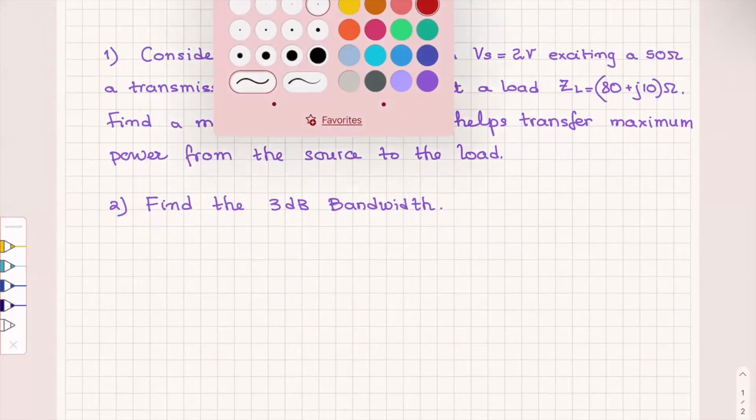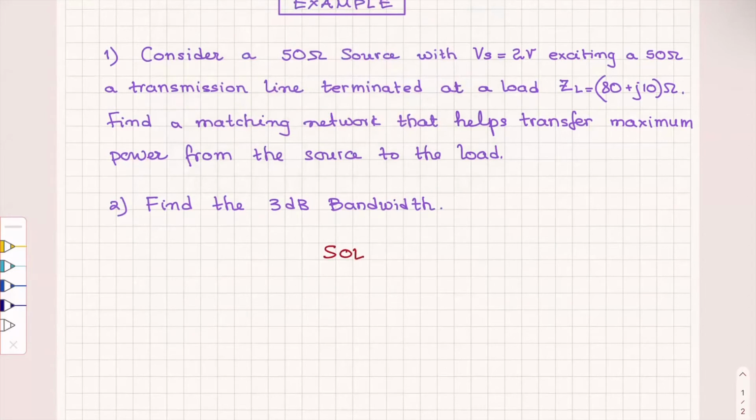So for the solution, let me first of all ask you some questions. When I say that the matching network helps transfer maximum power from the source to the load, this maximum power, what number is it? Is it real? Is it complex? Is it imaginary? What do you think? If I write power, it's going to be in watts.